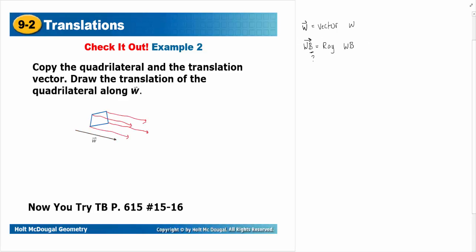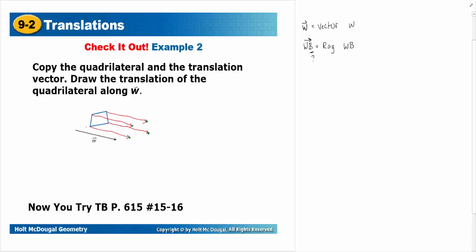Alright, so what you can see, what I've done here is I've copied vector W, and I actually copied it 4 different times. And what I did with each one of those points is that I started my vector on my pre-image, and I drew the vector going in the exact same direction from each vertex. And what happens here is now I can draw my image by taking the ends of these vectors and drawing my points.